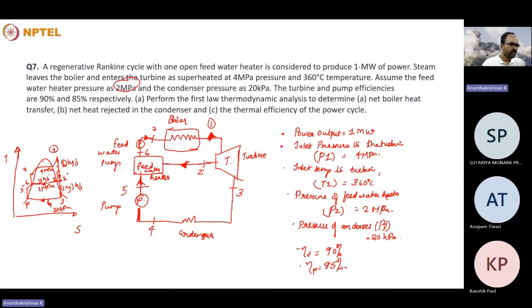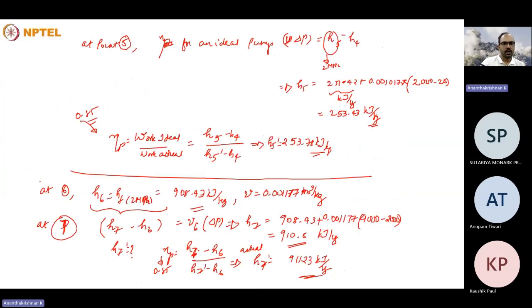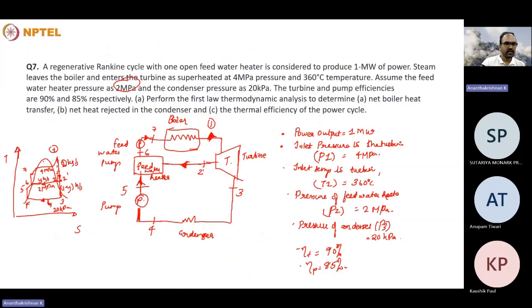24% of the total water will be fed through to the mixer. So now the main part of the problem, we have to determine the net boiler heat transfer, the heat dissipation in the condenser, and the thermal efficiency of the power cycle. For calculating all this, we require the network of the cycle.